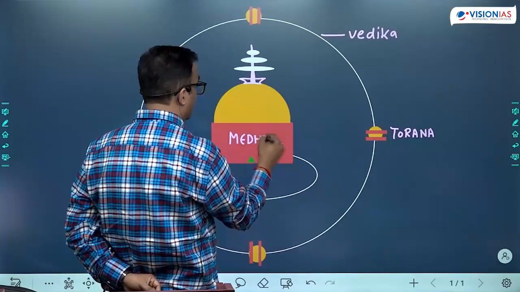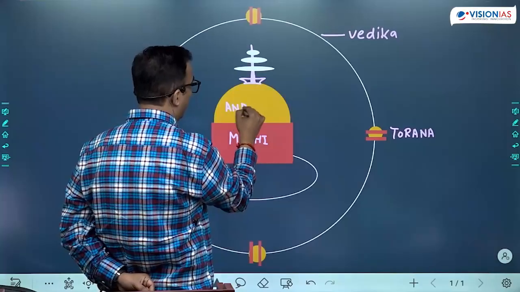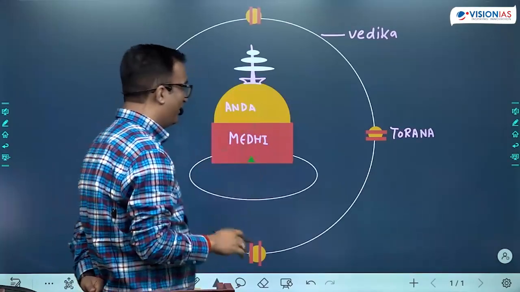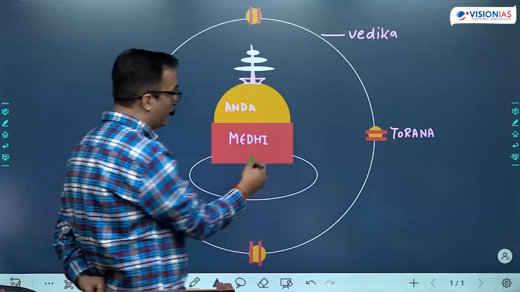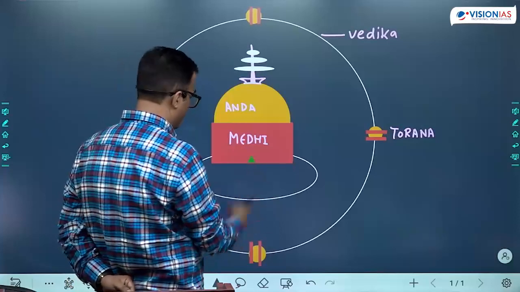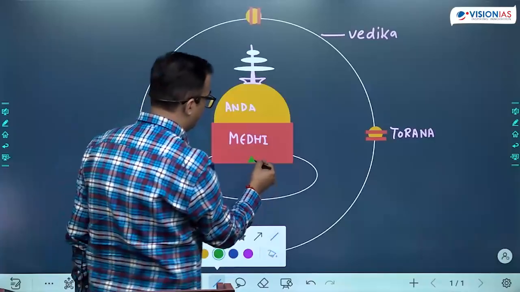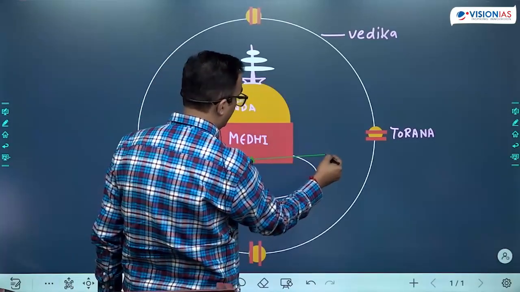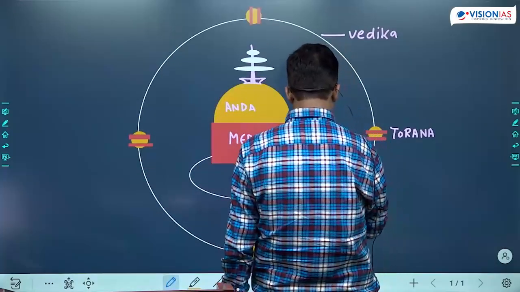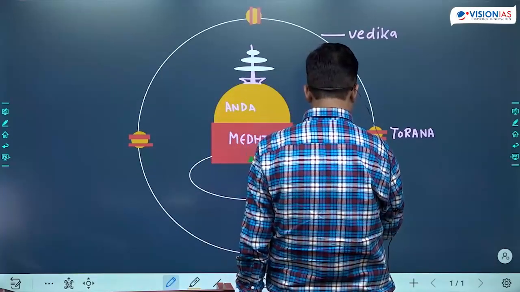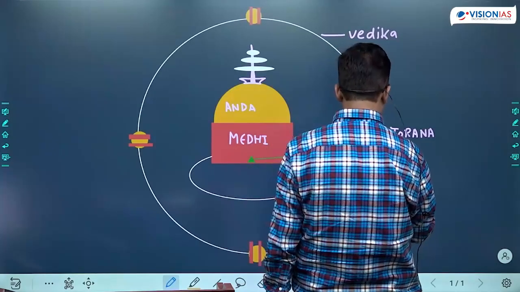This part is Anda. And then these are relics of Buddha. So a triangular part, how do I create? So these are relics of Buddha.